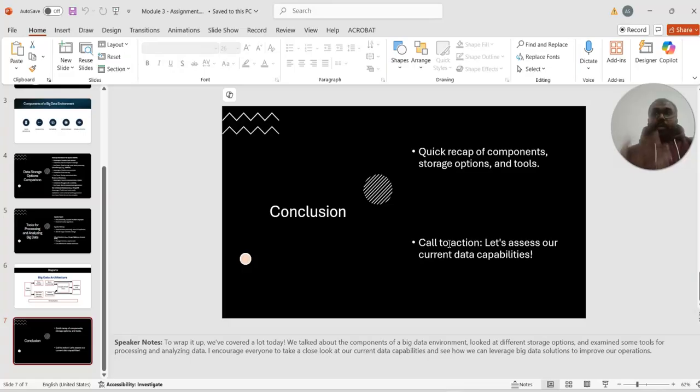Based on our requirements, we can select the best storage option and the tools to use for the analysis, and then we can see how this will support integrating it with our operations. Big data can be utilized using these tools to enhance operational capabilities.